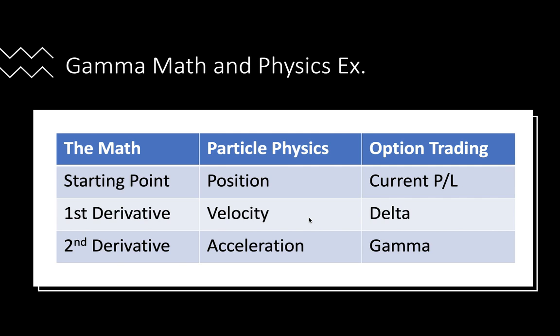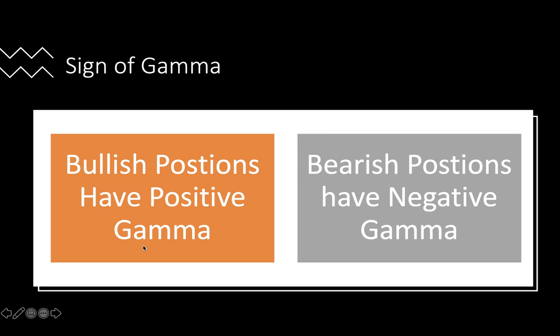But when you go from 30 meters per second to 40 meters per second, you're now accelerating, because there's a change in that speed, and that's acceleration. So in a way, you can think of gamma as the acceleration of your option's price. And this is just showing the derivatives over here.